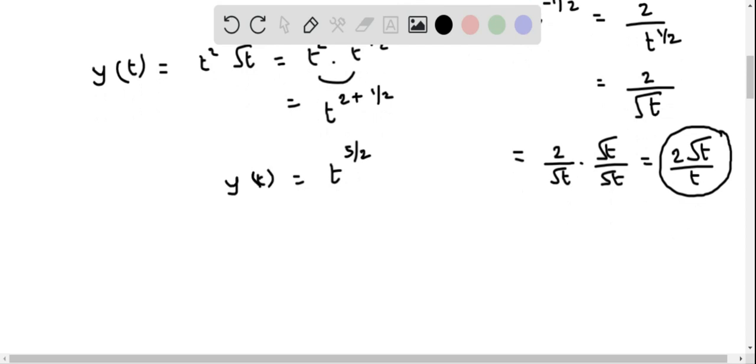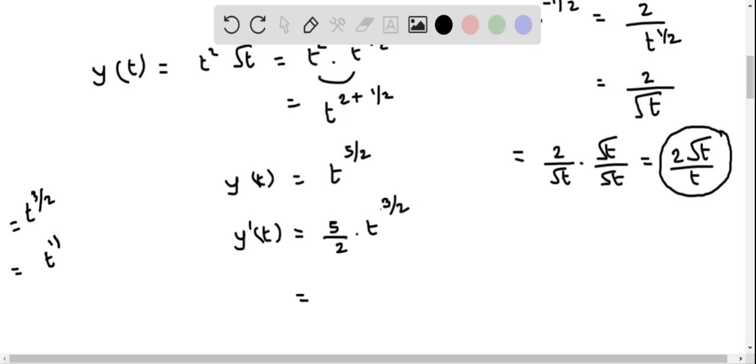Now let's find its derivative, that is y prime of t, by applying the power rule. So it becomes 5 by 2 times t raised to the power of 5 by 2 minus 1. 5 by 2 minus 1 is 3 by 2, that is 3 halves. So I change this to 3 halves. So here we have 5 by 2 t raised to the power of 3 by 2. And this t raised to the power of 3 by 2, we can put in square root form.